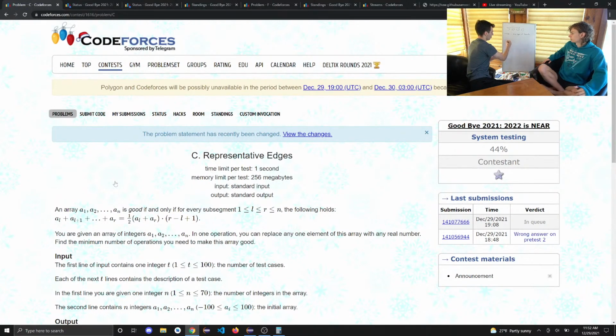Well, if you have 3 numbers, right? So let's say we've got a 1 here and then a 6 here. If we have some third number that's going to be in the array, we know the average of these 3 has to be, the 1 and 6 have to be the same distance apart as these 2 in order for 6 to be the average. So if this is a difference of 5, this also has to be a difference of 5.